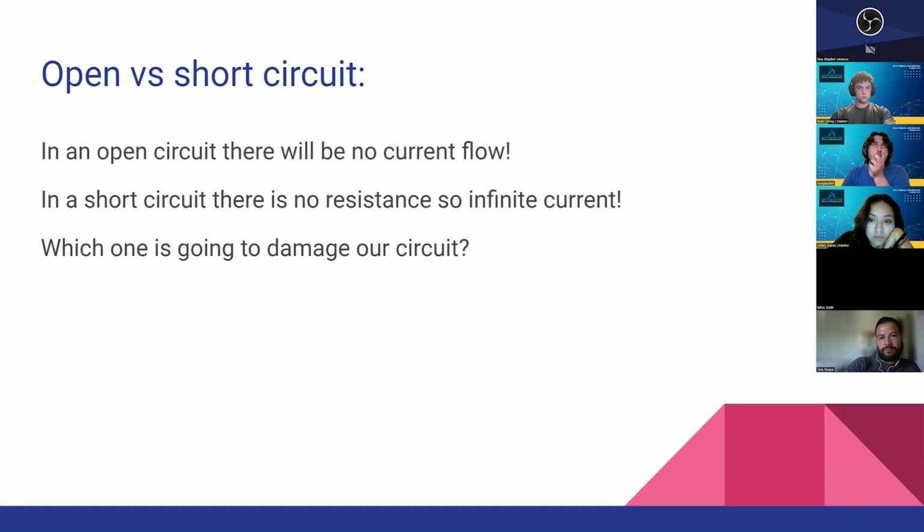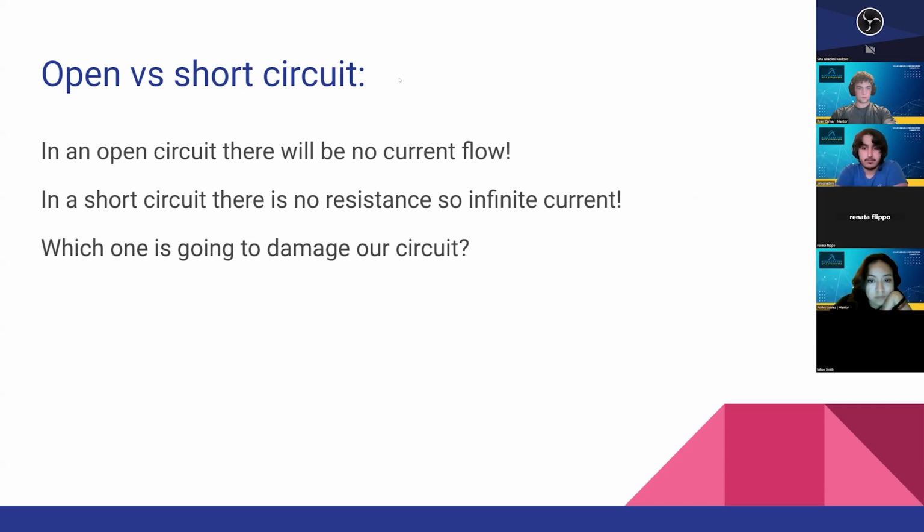Anybody can explain what is the difference between open and short circuit? Just open your mic and say it. Open circuit is like something's stopping the current from flowing, so normally it's like wires disconnected. And then closed circuit is like your circuit's entirely enclosed and the current can flow continuously. Yeah, what is the short circuit? We always say open circuit or short circuit.